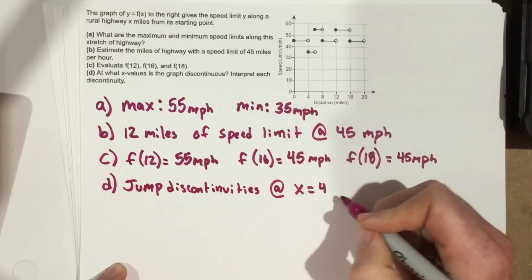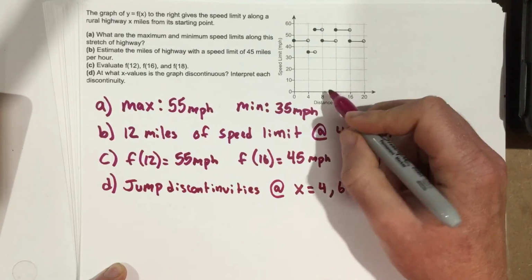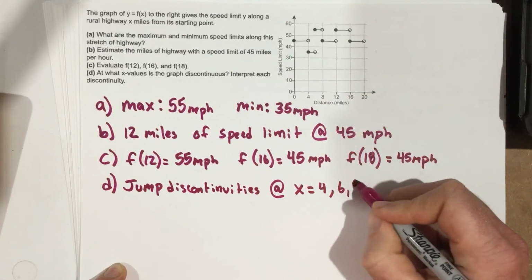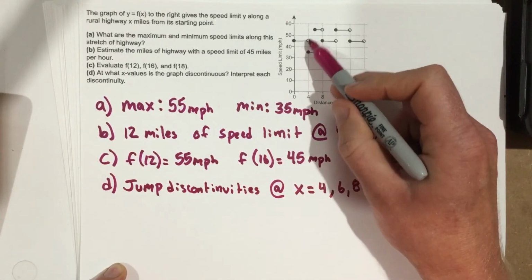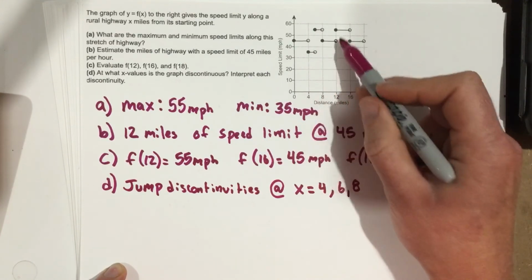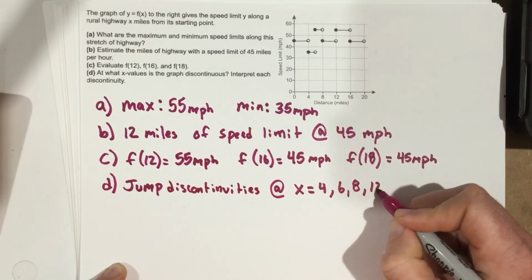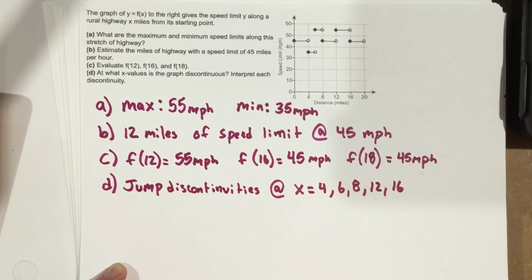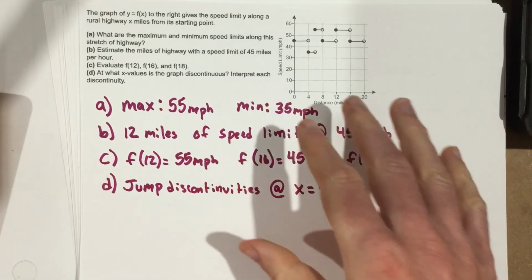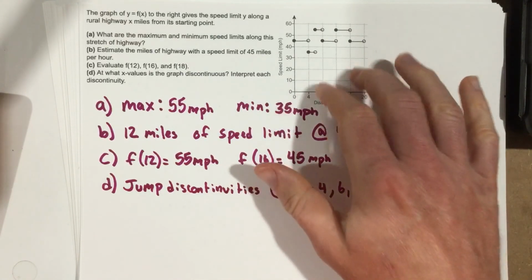Right in the middle will be 6, 8. Right, so 4, 6, 8, 12, 16. And those are our jump discontinuities. And that's how you look at and define a piecewise function, by looking at a graph.